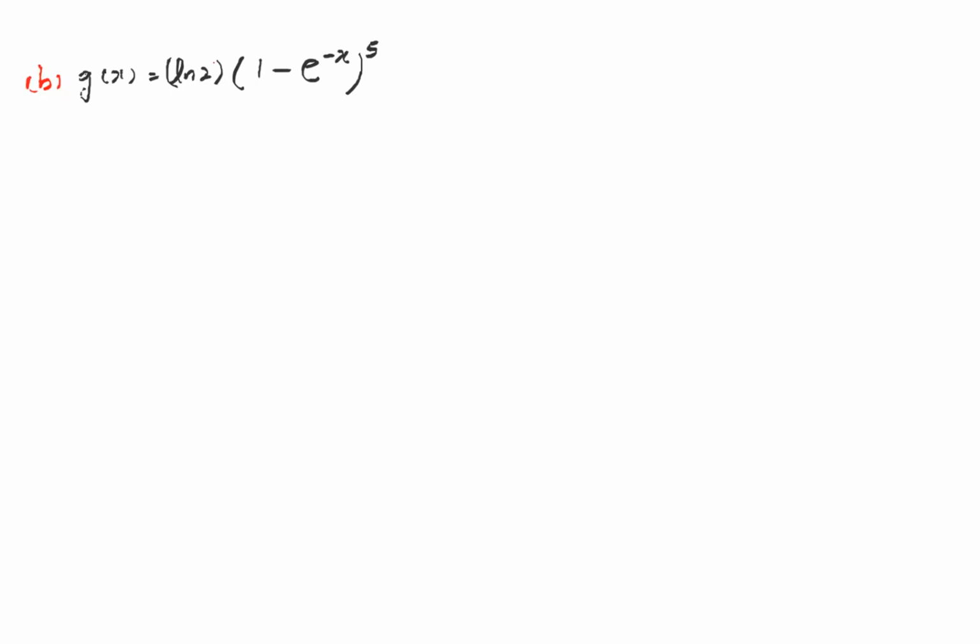So I will view this as a number, that is my ln 2, times by a function to the power of n. Am I right? So I compare with that. If I have a number times by a function to the power of n, what rule should I use?